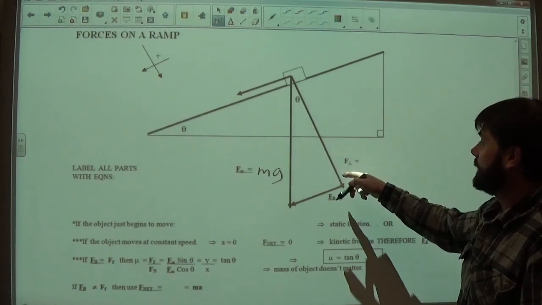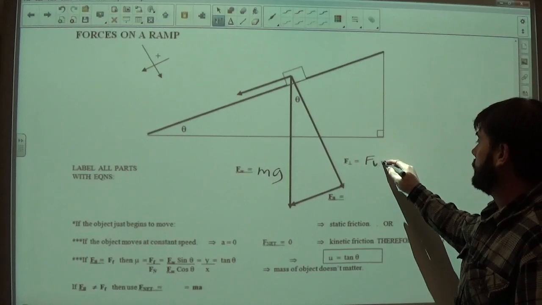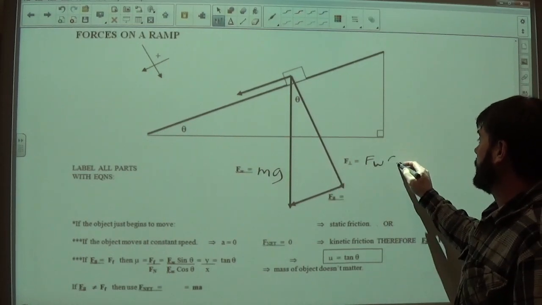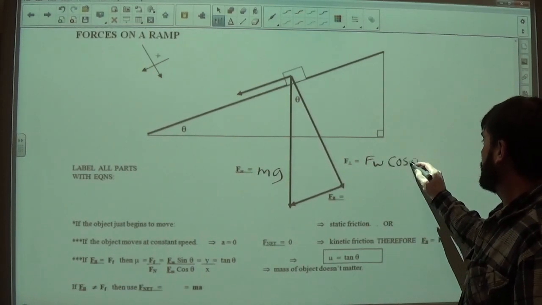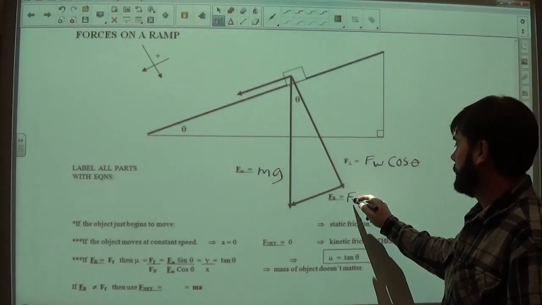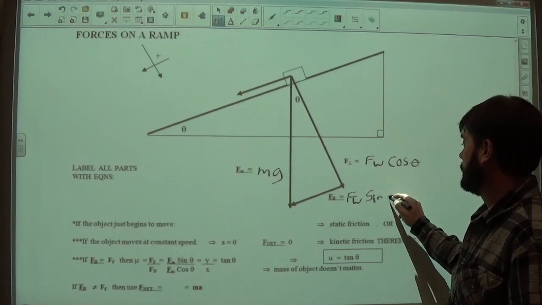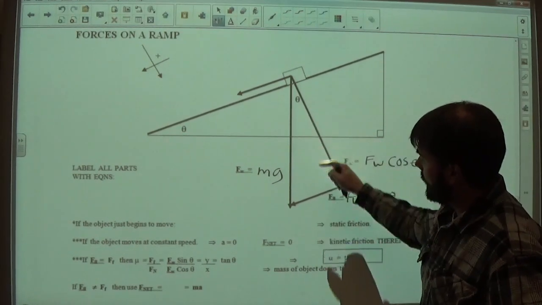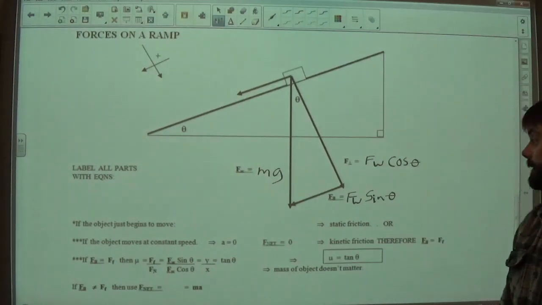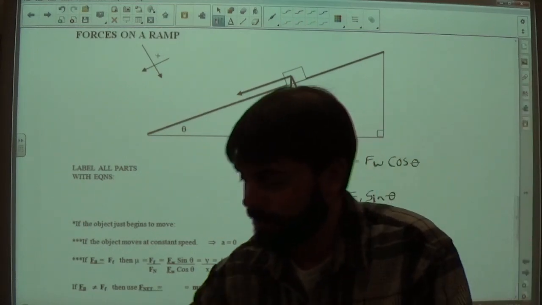So I'm going to be doing force of weight, F_w, multiplied by the cosine of theta for this. And down here, I'm going to be doing F_w, force weight, times the sine now of theta, because this is my opposite and my adjacent sides. So with those put into place, we should be able to figure out some of these calculations. So I'll do a little bit of that here and we'll see how it goes.